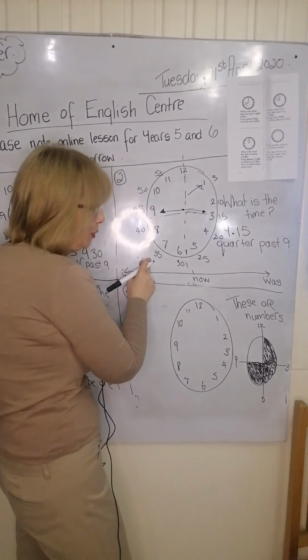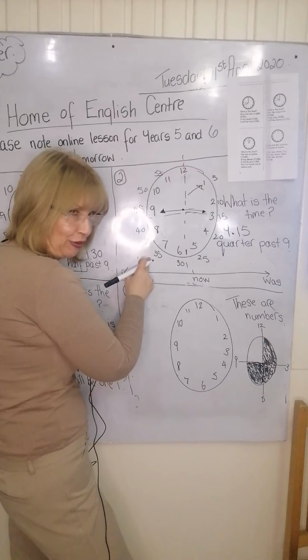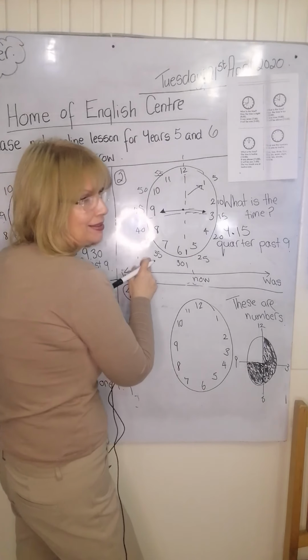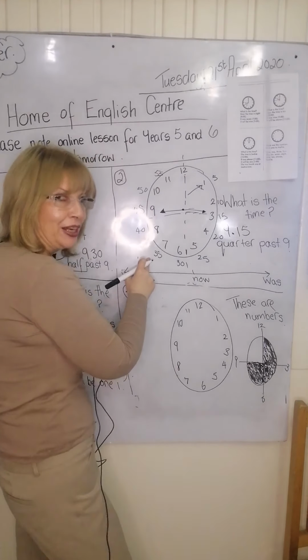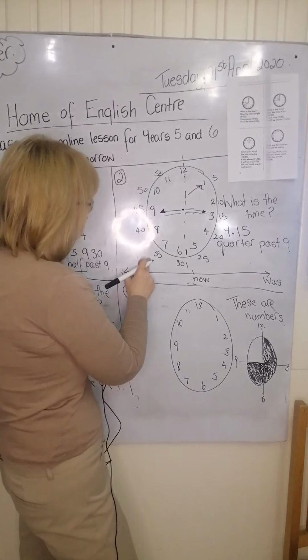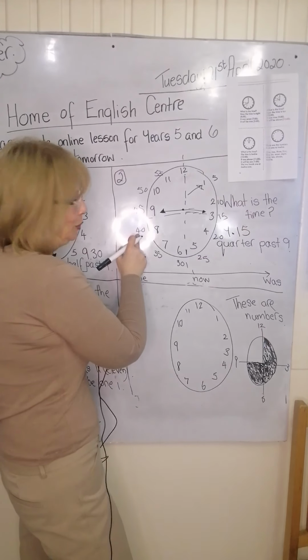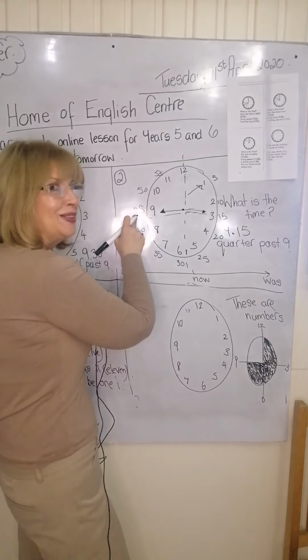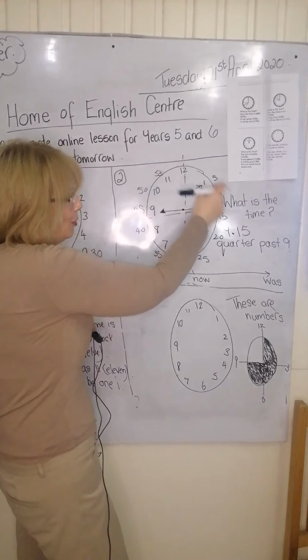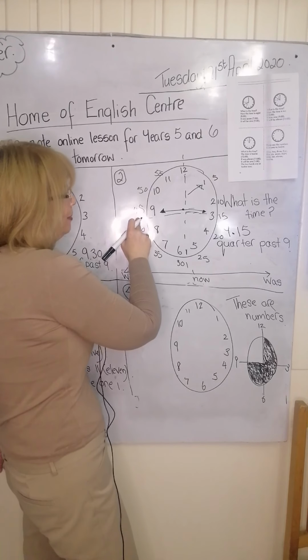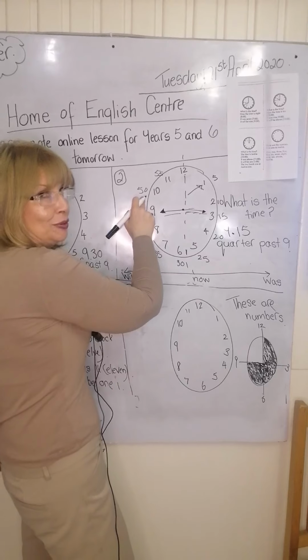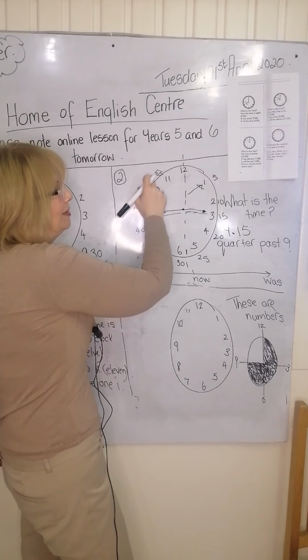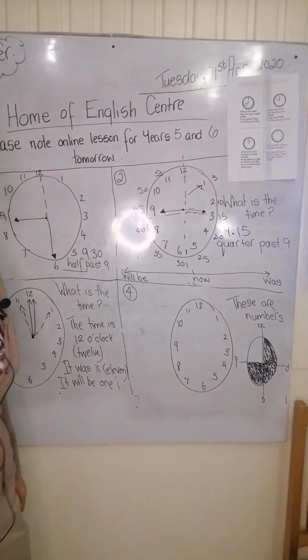You can say it's 9:35, nothing wrong with that. But we in British English would say 25 to. 20 to, quarter to, because it's gone 3/4 of the way around. 10 to, 5 to, o'clock.